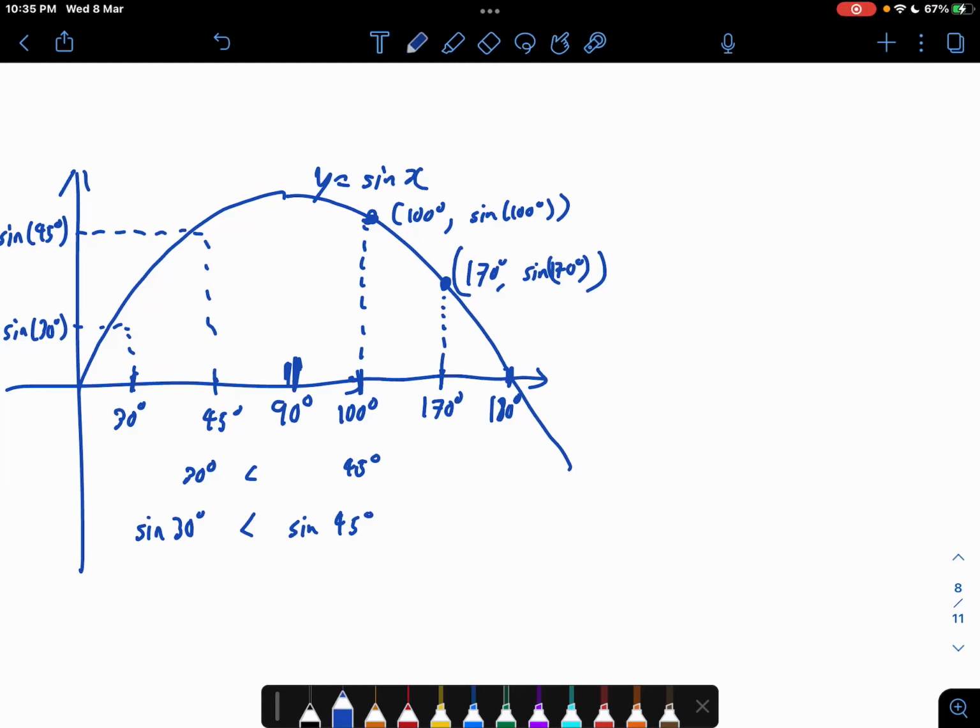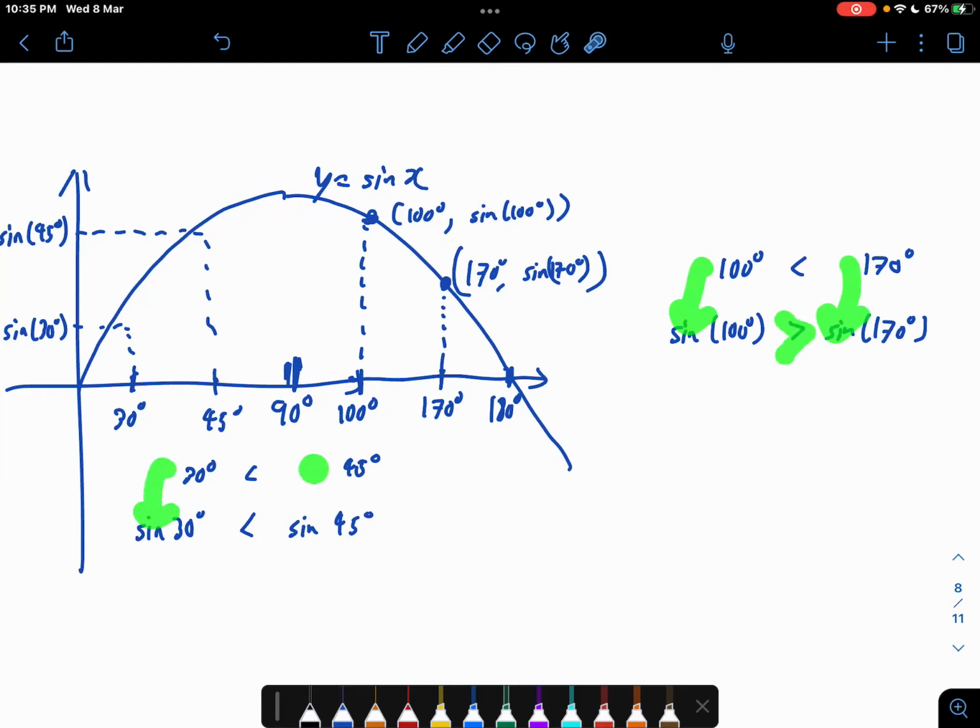So that must mean that sine 100 degrees is bigger than sine 170 degrees. Agree so far? But you started with 100 degrees less than 170 degrees. This time, when you apply sine on both sides, what happens to the inequality symbol? Compare with the previous one. Less than becomes more than. This one changes.